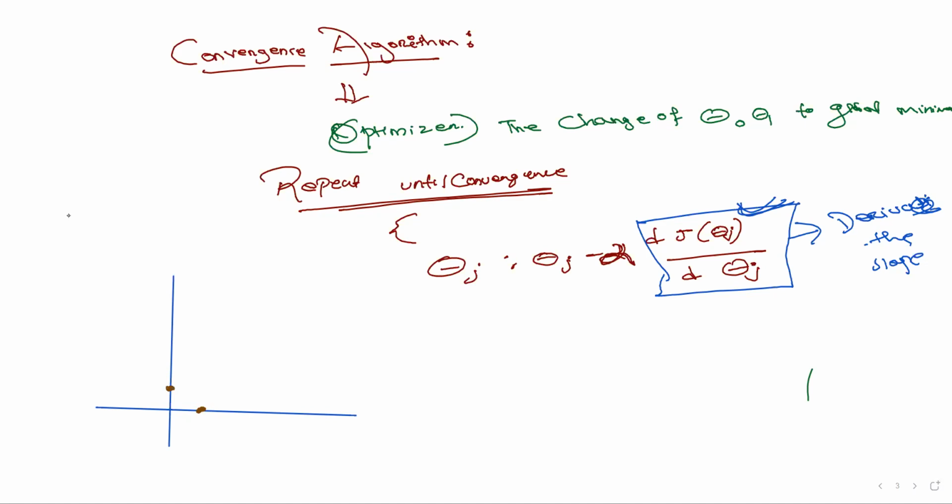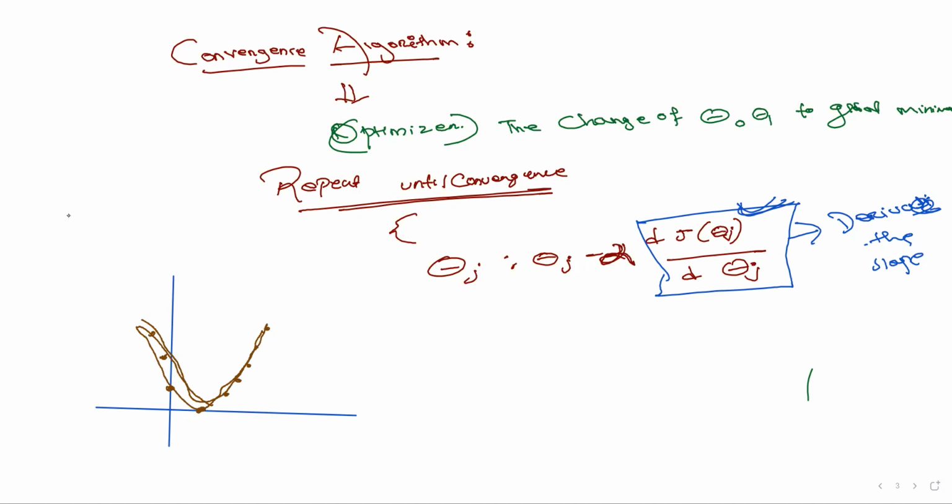When theta value is 0, it will do like this. Whenever theta 1 value changes, then theta 2 value will change similarly. It will create a U-type structure, because of the changes of theta 1 and theta 2.